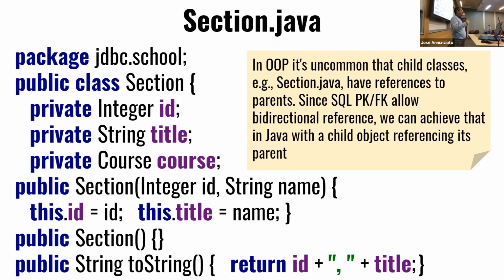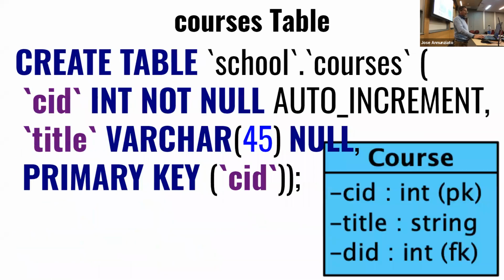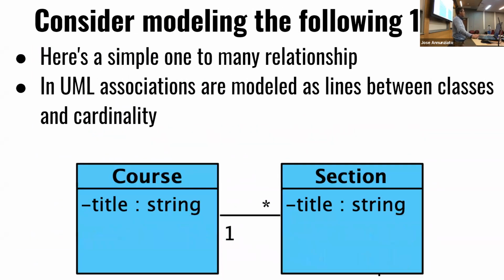If they just gave us this, there would be no hint that the section should have a reference to the course. In a relational world, definitely the section will have a foreign key to the course. But if you're implementing in Java, we would never even consider having the section have a reference to the course, just like we would not have a primary key either in Java or .NET.